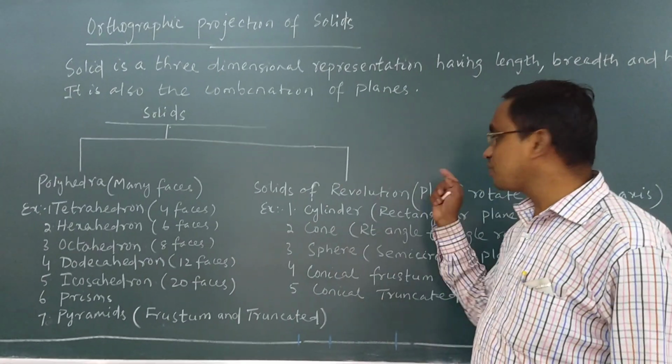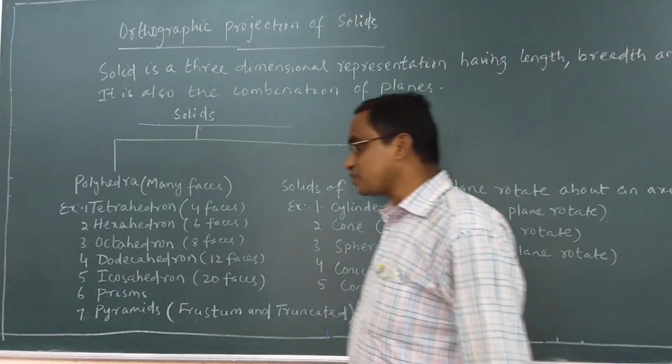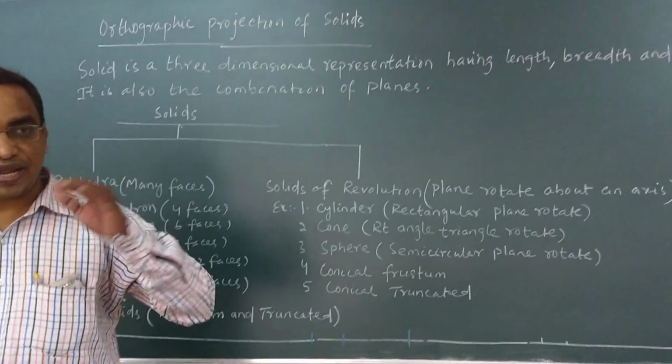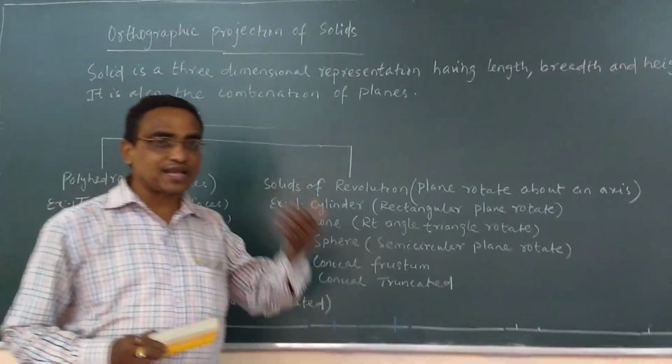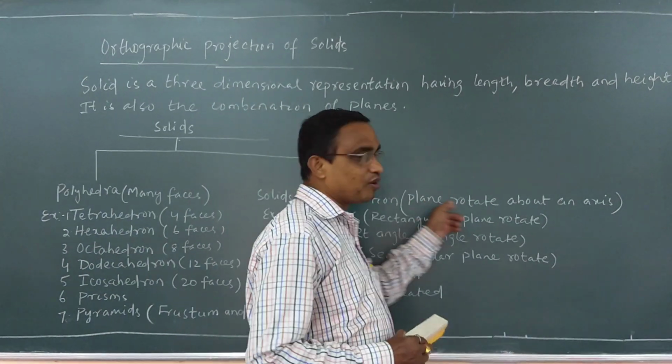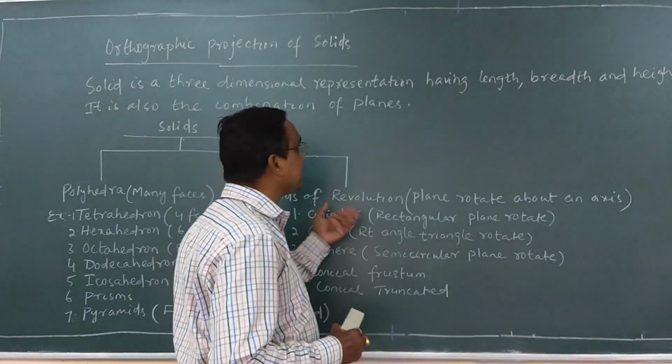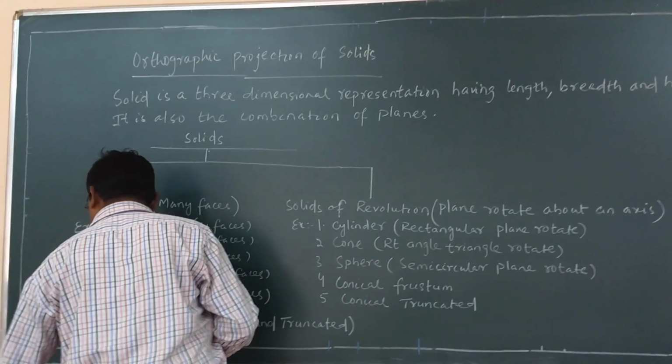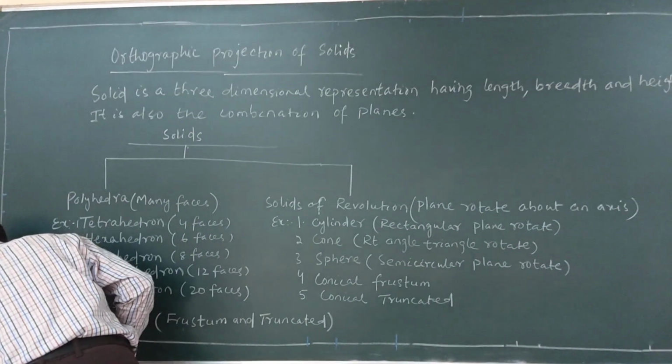Now come to solids of revolution. Solids of revolution means when a plane rotates about any fixed axis, the solids are formed. A very good example is the cylinder. Just you mark how the cylinder is formed.